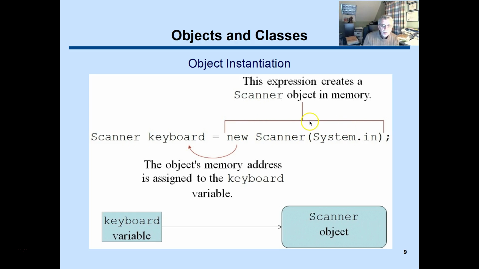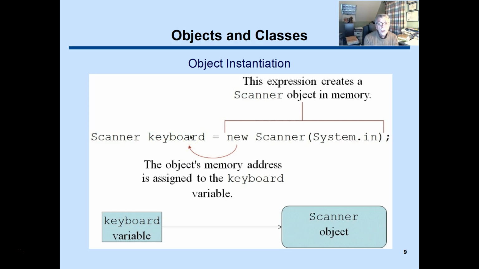The result of this activity will cause the object to be instantiated somewhere in memory. Memory is allocated for the object, and any instance variables or fields contained within the object are allocated and initialized. And then wherever that is in memory, the address is put back here into keyboard, and then we're good to go.